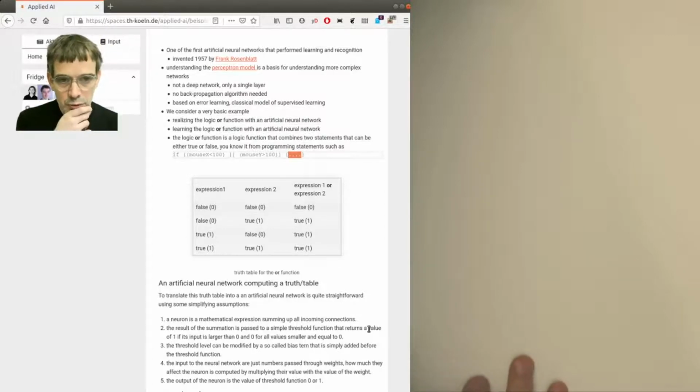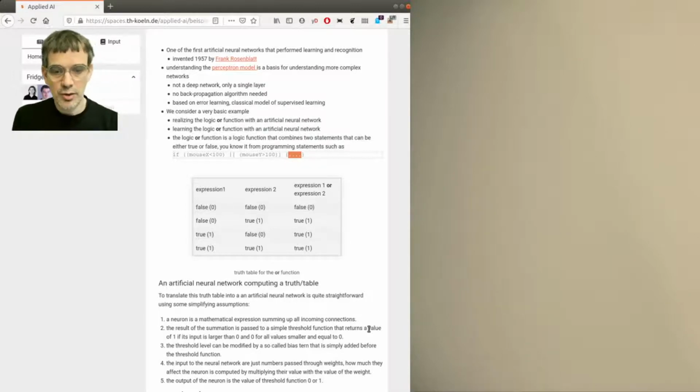To translate this truth table, or the OR function, into an artificial neural network, we are using some simplifying assumptions. Not about the mathematics here, but simplifying assumptions of what a neuron is.